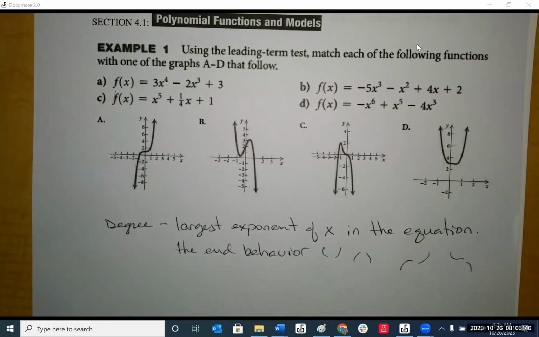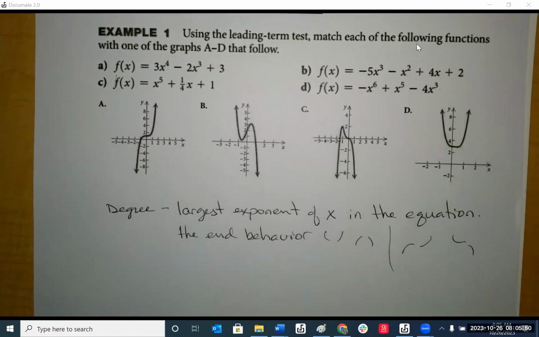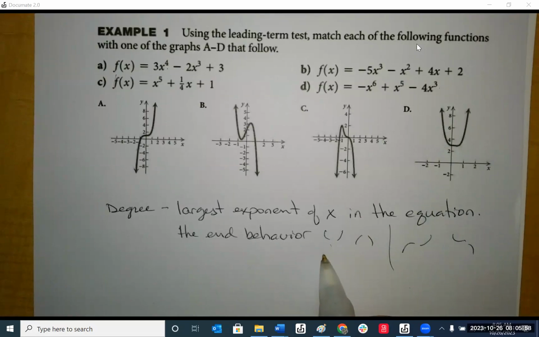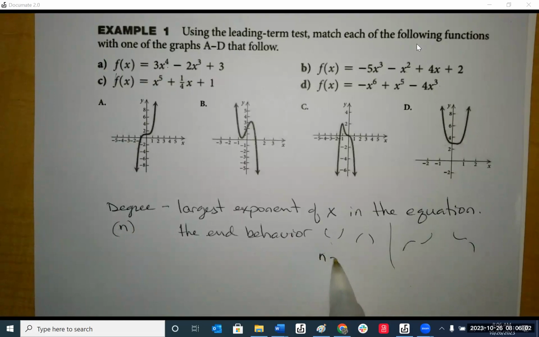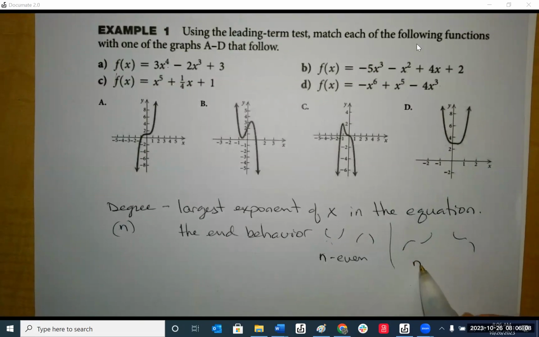What determines which one of these pairs it is? Because if your degree, and we'll call that n, if n is even, then they both point the same direction. If the degree is odd, they point different directions.